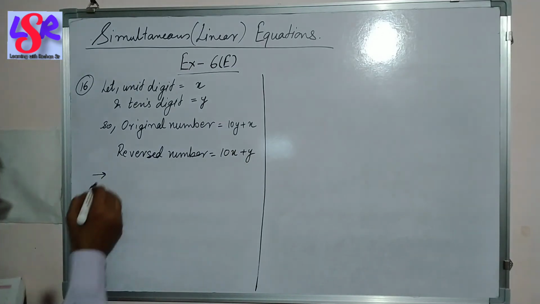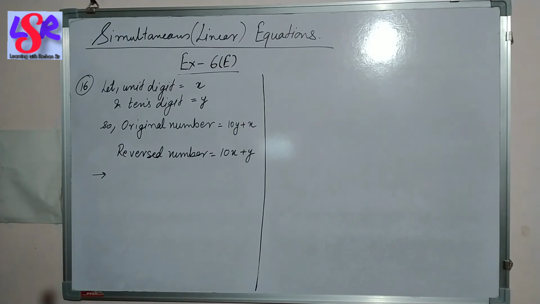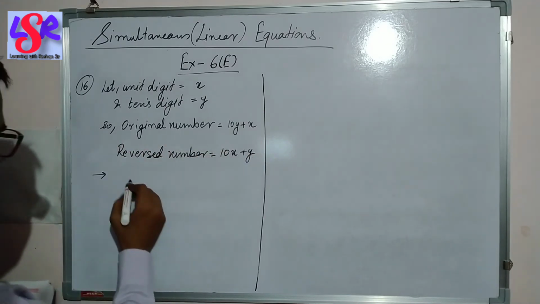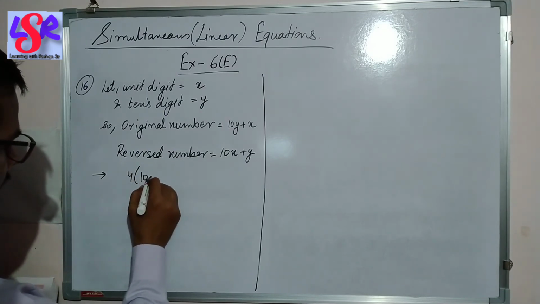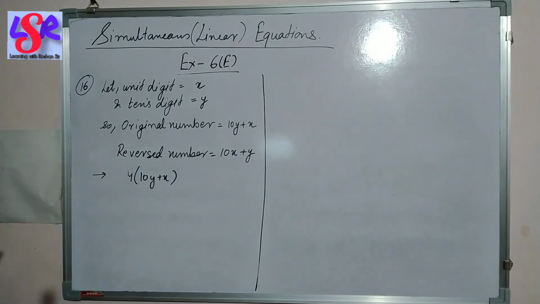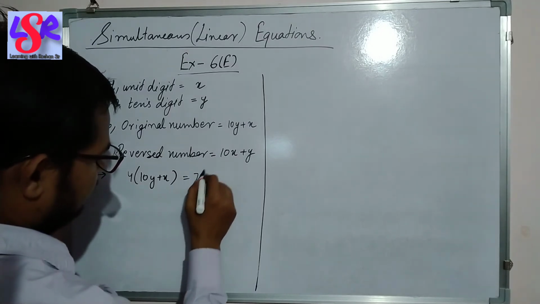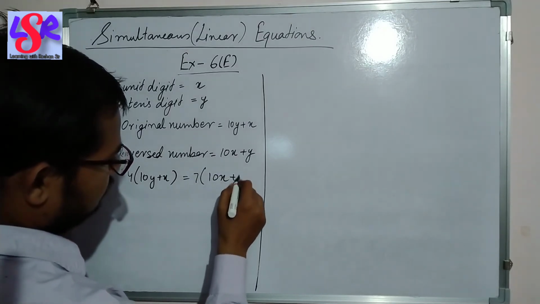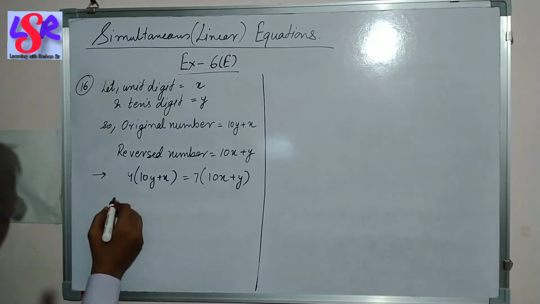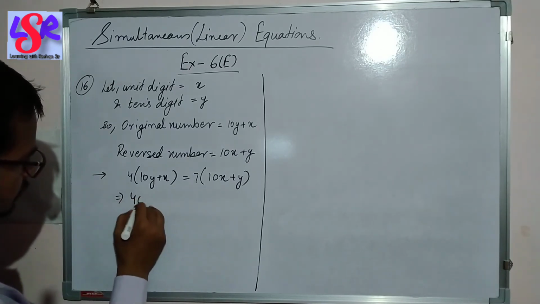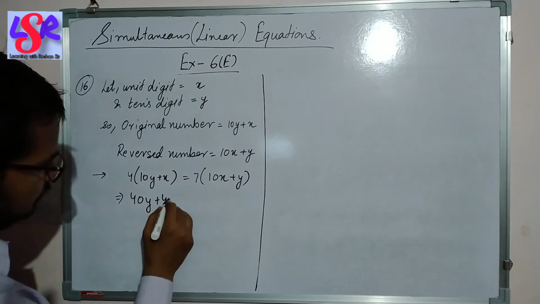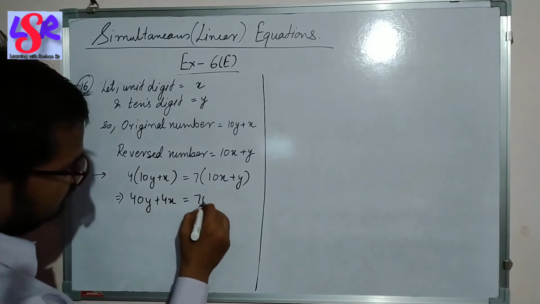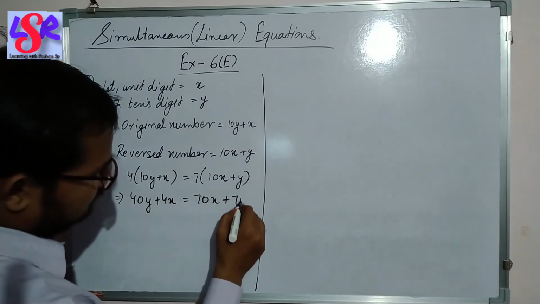Now for the first equation we have 4 times the certain two-digit number, that is 4 times of this one, 4 into 10y plus x, equals 7 times the number obtained by interchanging its digits. So this is equal to 7 into 10x plus y. Now open the brackets and solve it, and this will be 40y plus 4x equals 70x plus 7y.